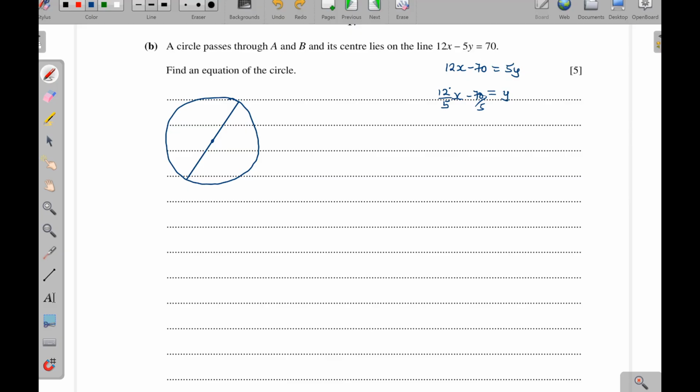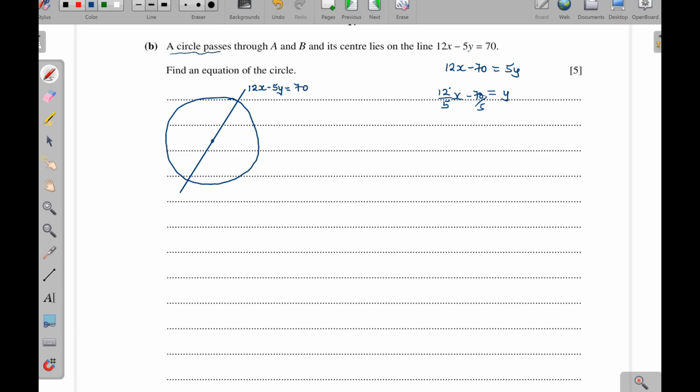Now, they are saying that the center lies on this line. So that's why I'm drawing it and making it pass through the center. So I'll say that this one here is 12x minus 5y is equal to 70.